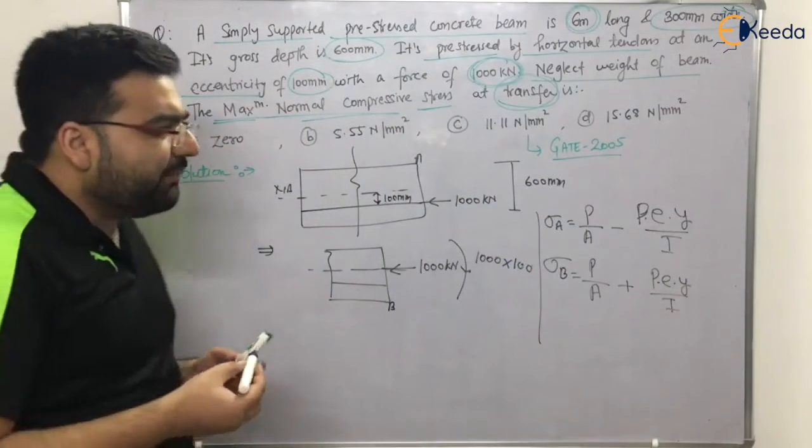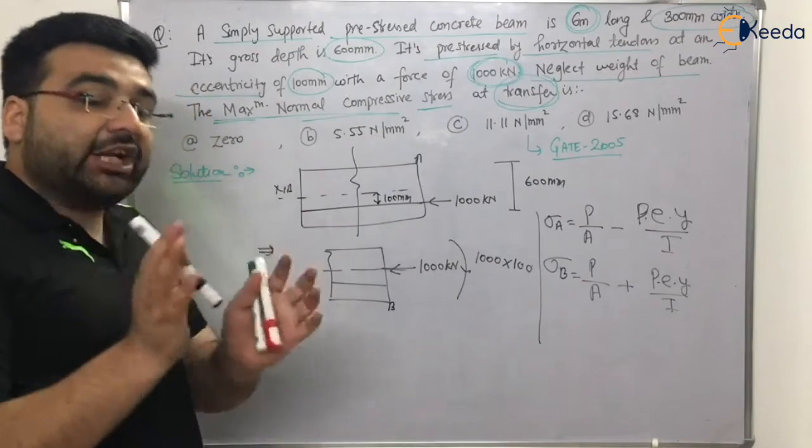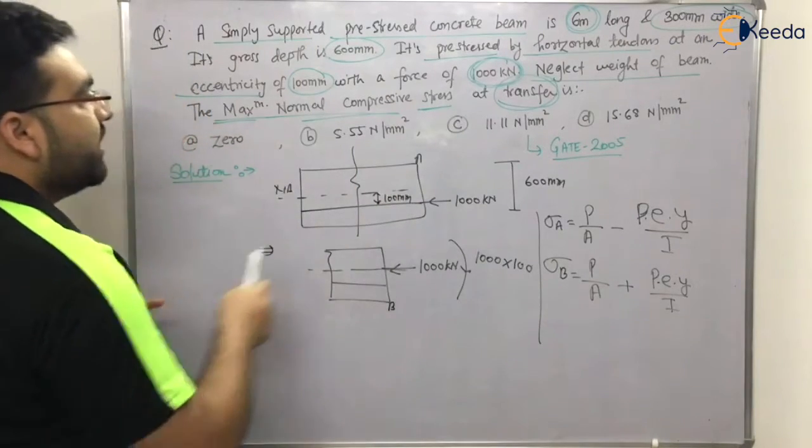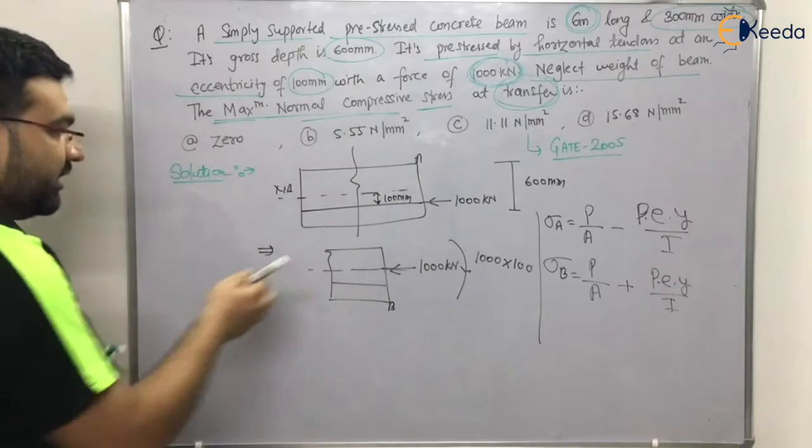Now just put in the formula, you will get the answer. Just take into consideration the units also. It is Newton per mm square. So let me rub this.